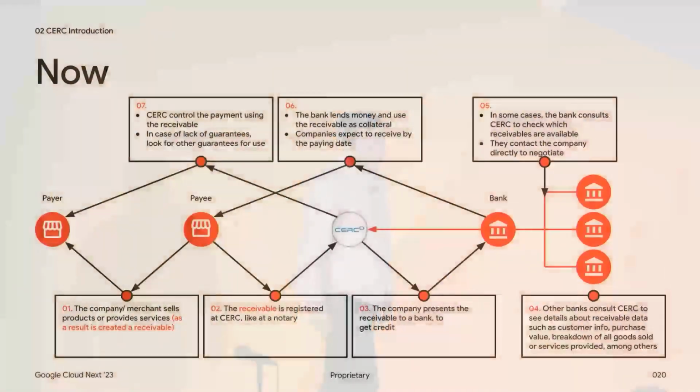So how is the market working now? The beginning is the same. A receivable is created, and now the second part is different because the receivable is registered at CERC, and in this part, CERC works as a notary. So imagine how many transactions we receive about every receivable. Everybody sends the information to us, and after this, the flow is the same.